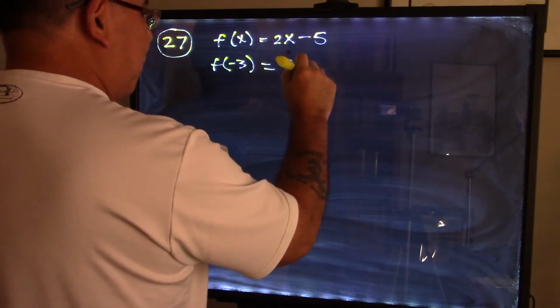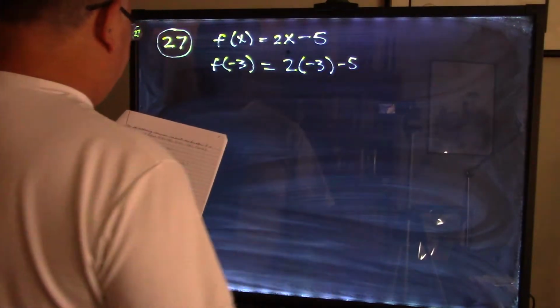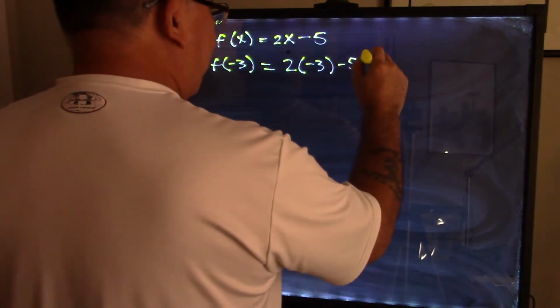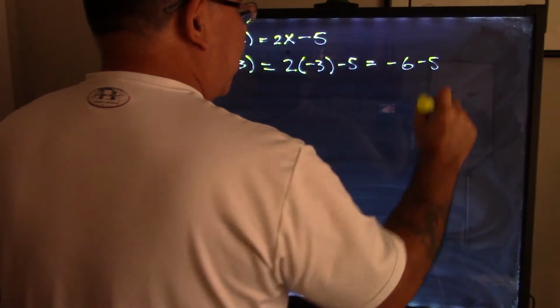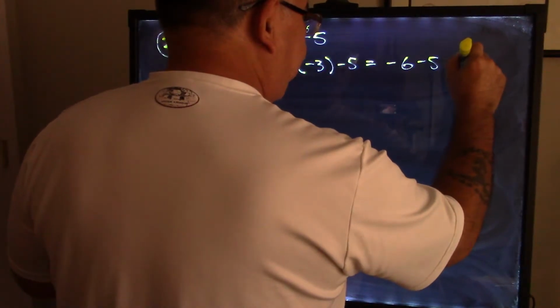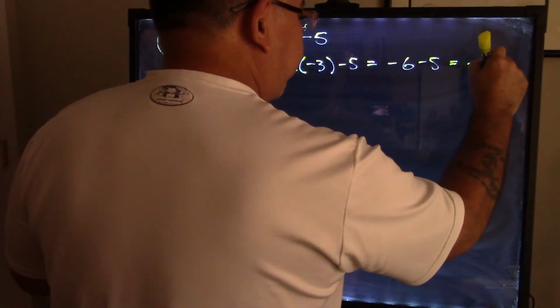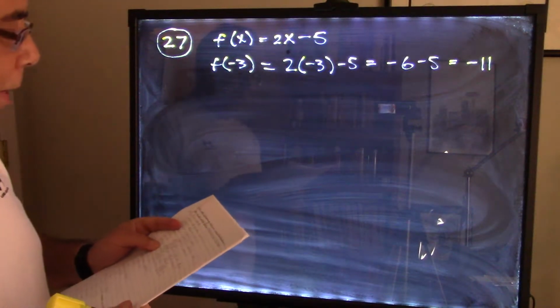2 times negative 3 minus 5. So that equals negative 6 minus 5. Negative 6 minus 5 is negative 11. Next one, f of 2.